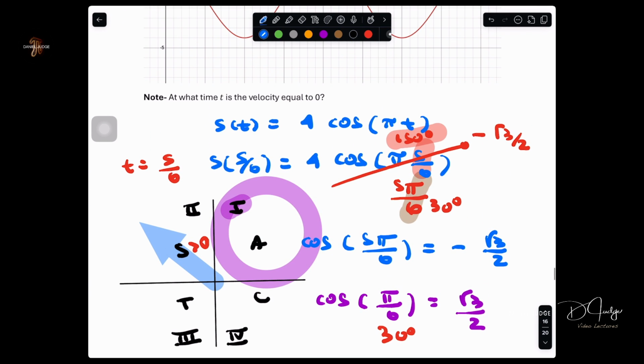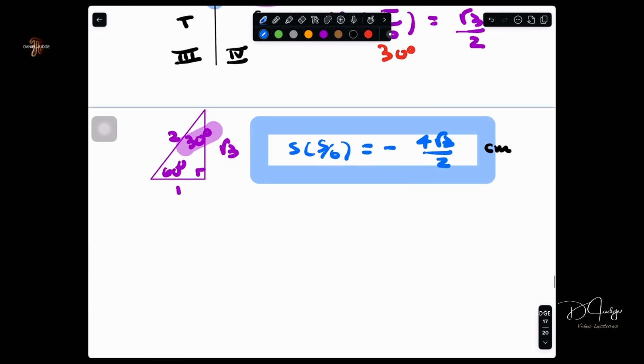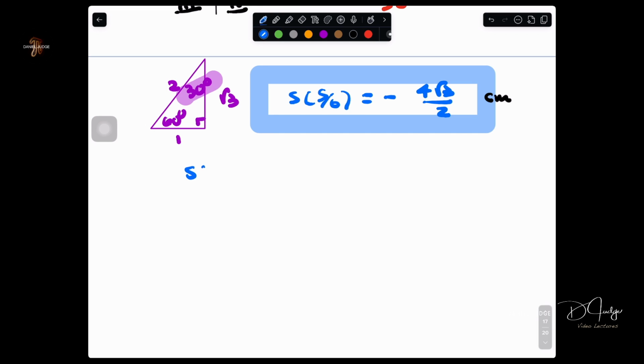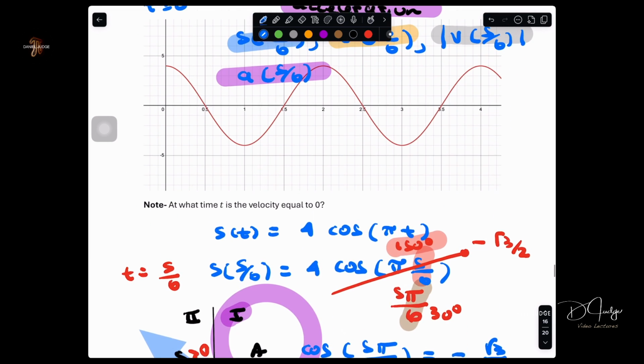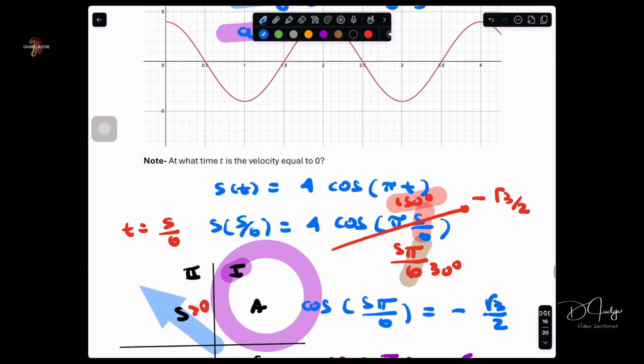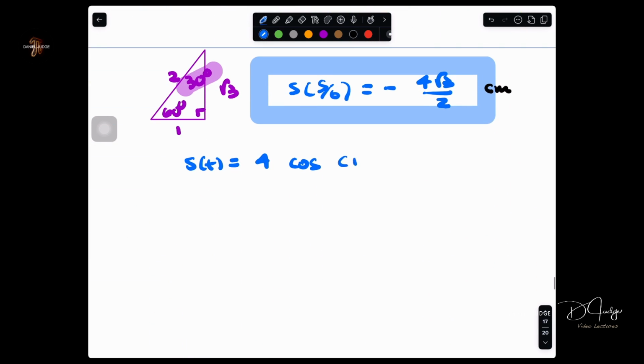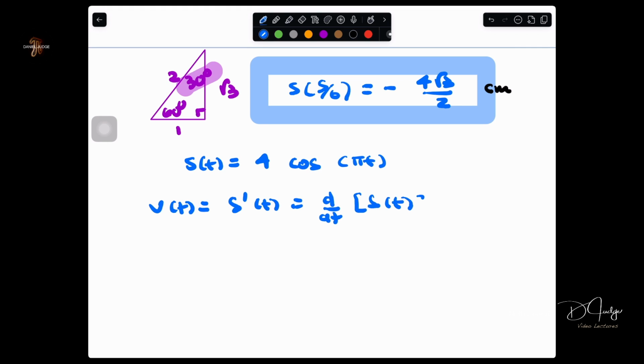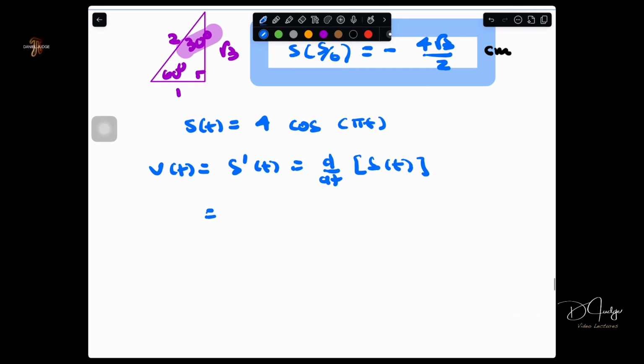We now need to differentiate the position function. Okay, so if our position function is 4 cosine pi t, velocity is the derivative of the position function. This is our definition.